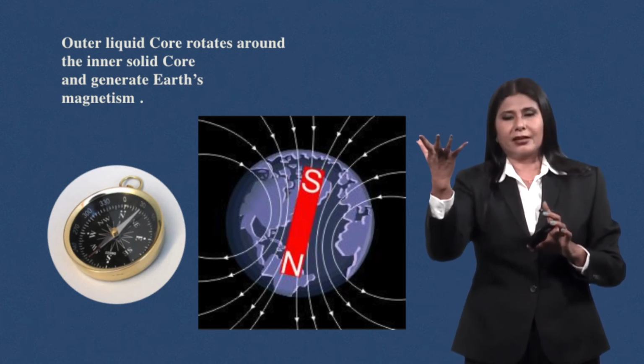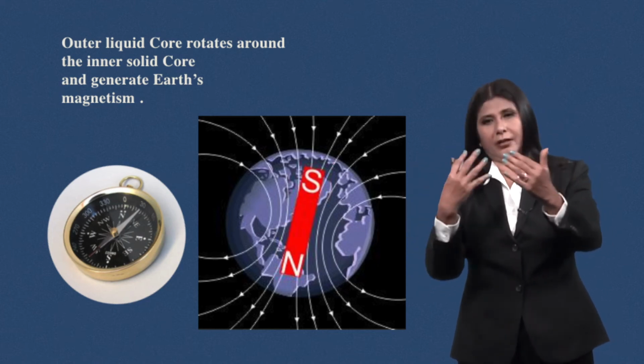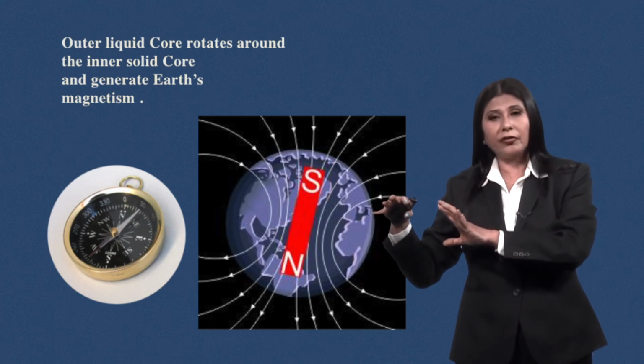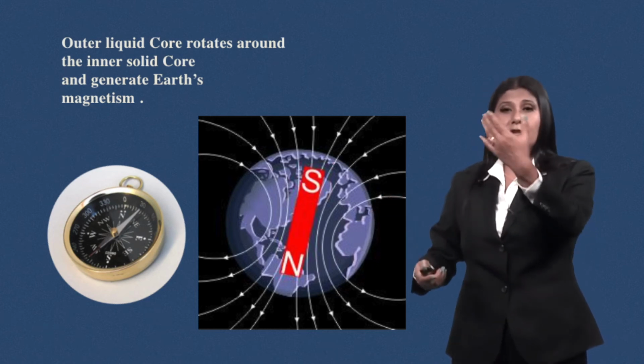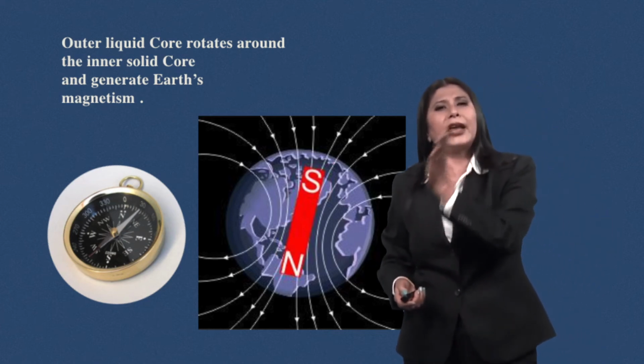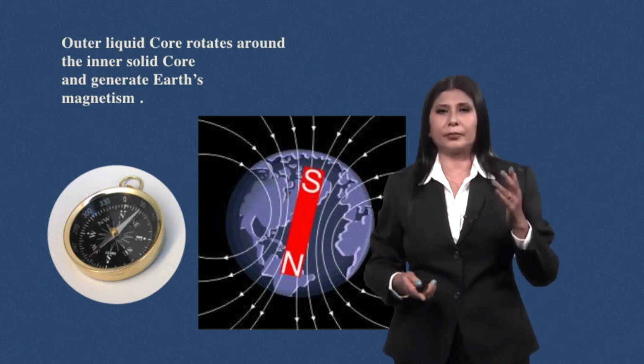The south of that is attracting all the north of metal objects which are there on the surface. We call it the north pole and south pole. So, the outer liquid core rotates around the inner solid core and generates Earth's magnetism.